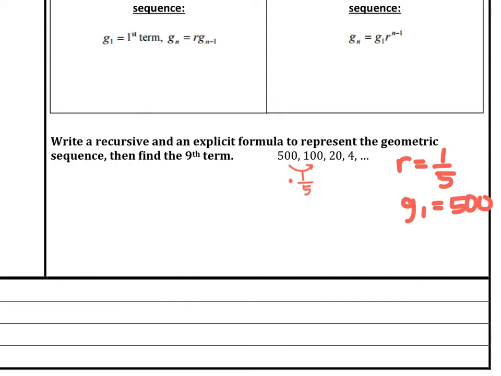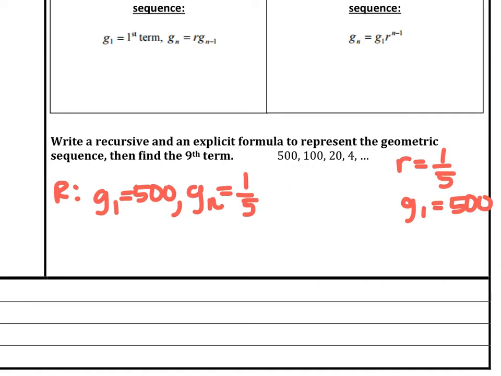Okay, let's write recursive first. Recursive, I say g1 is 500, my first term, comma, g sub n would be my common ratio, 1/5, times g sub n minus 1.